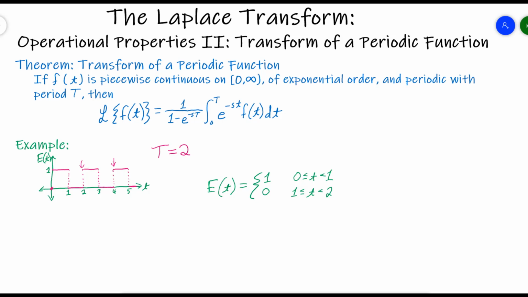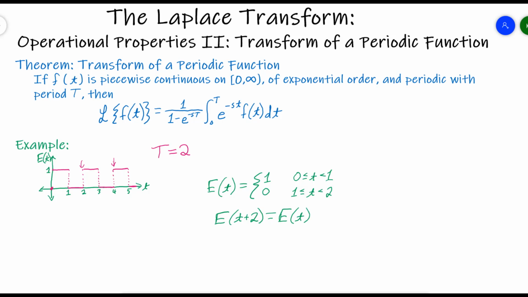That tells me what's happening between 0 and 2. Outside of that, all I have to do is make a note that f of t plus 2 just looks the same as f of t.